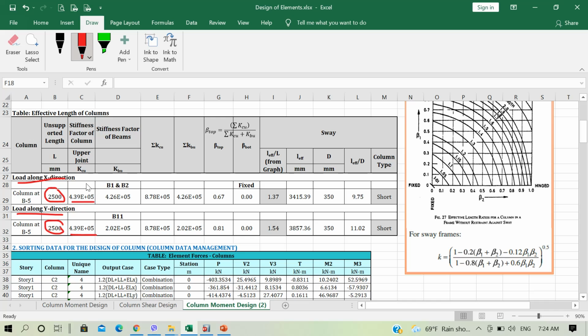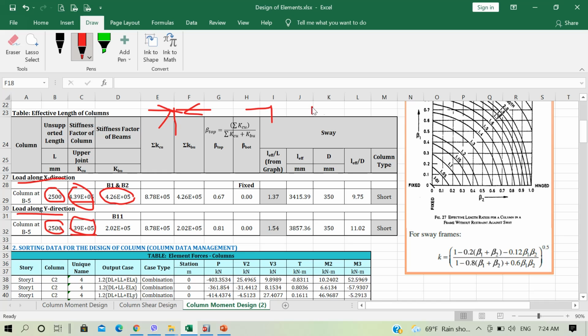So our stiffness factor for columns is this, and our stiffness factor for beams will be now. In x direction we have 2 beams framing into this column from one side here and from one side here. So we add the stiffness factor for those 2 beams B1 and B2 from table above, and then we calculate here.